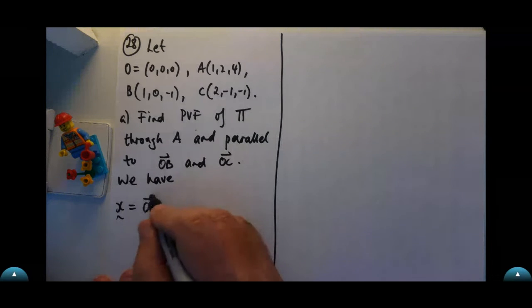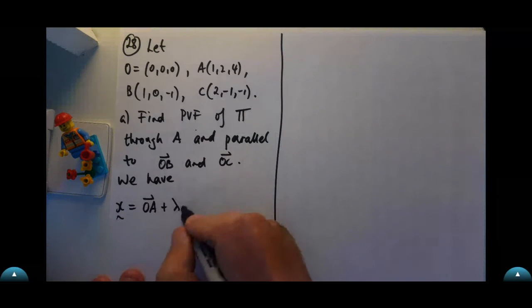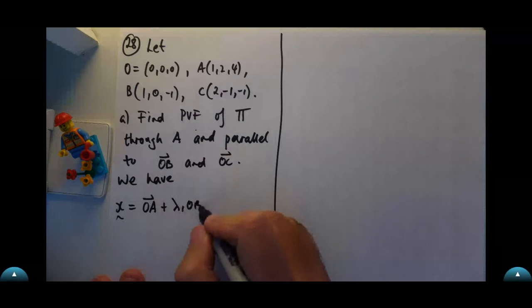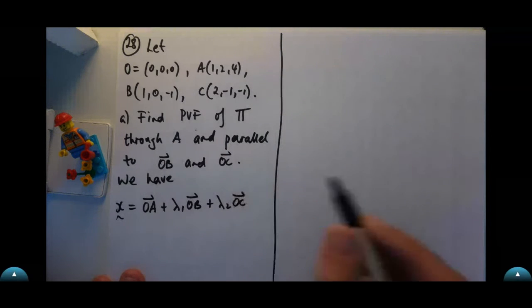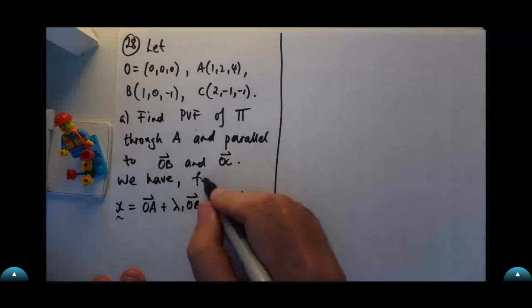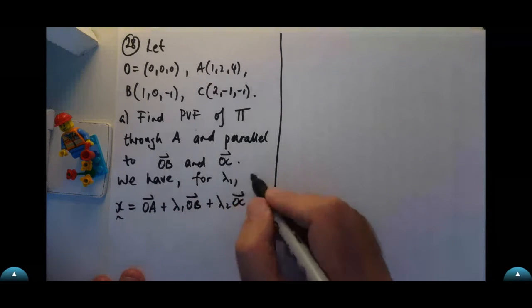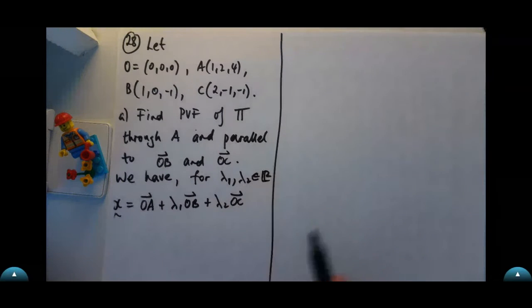So it's OA plus lambda 1 OB plus lambda 2 OC, and I'm going to put lambda 1 and lambda 2 as my parameters.